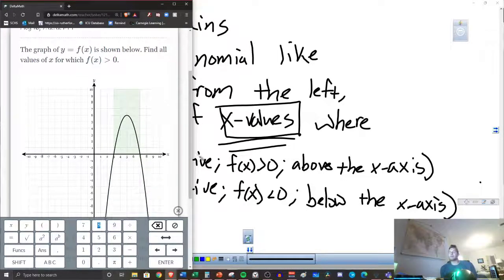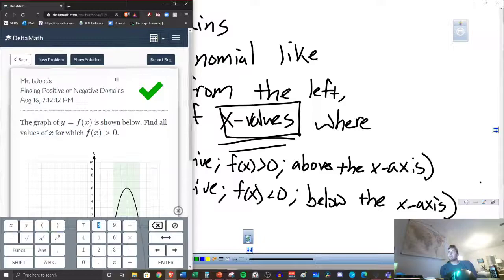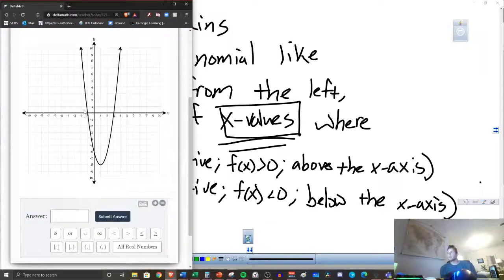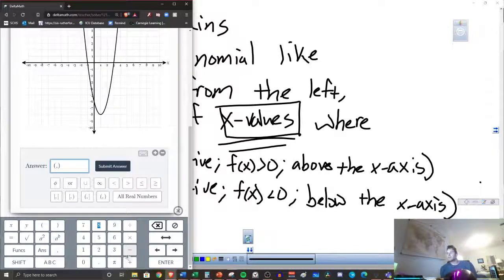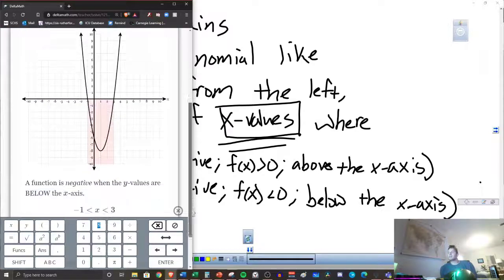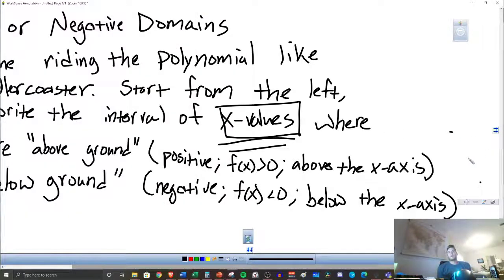We represent that with a green. Let's try a new one. When is it negative? Well, between -1 and 3. So -1 and 3. There it is. And they're going to show it as negative. So that's a red. Okay.